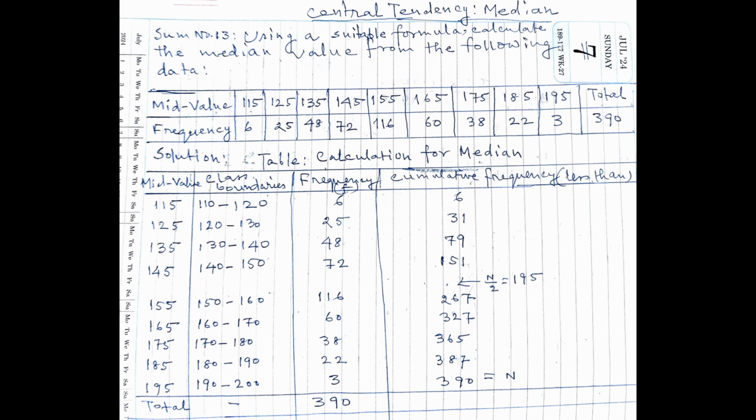N is equal to 390. 390 divided by 2 is equal to 195, which lies in between 151 and 267. Then the figure will come definitely within the mid value 145 to 155.